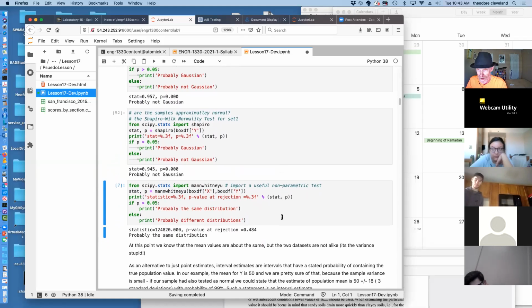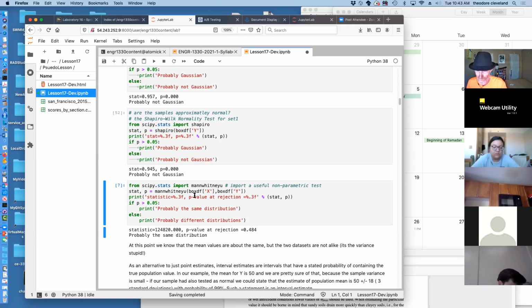We can apply a Mann-Whitney test, which is a non-parametric test. So it does not care what the underlying distributions are, and we can test if the mean values of the two distributions are the same.